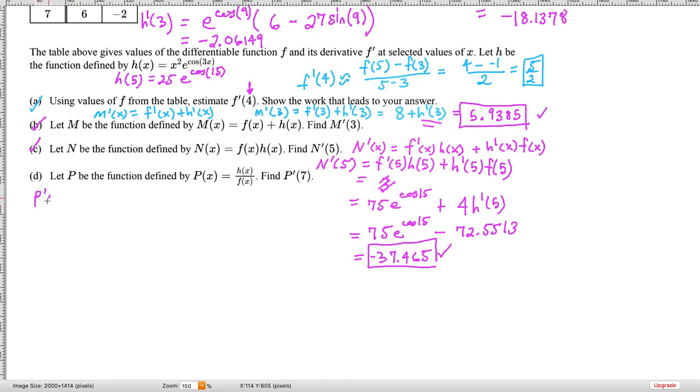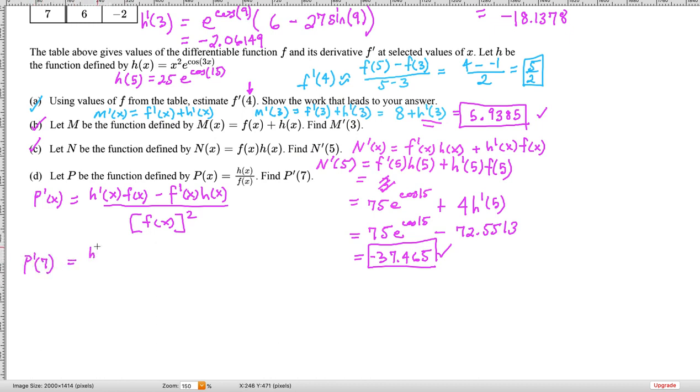So P prime of x, and again, this could be taken as a definition for quotient rule, is h prime of x times f of x minus the derivative of the bottom times the top function over the bottom function squared. And they want you to find P prime of 7.